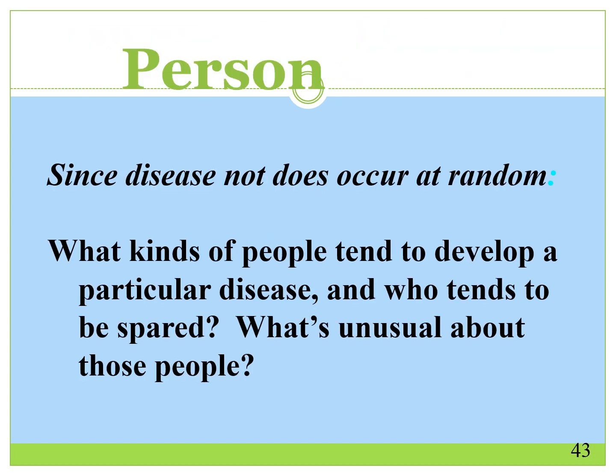So person: since disease does not occur at random, what kind of people tend to develop a particular disease and who tends to be spared? What's unusual about those people? If we relate to the current situation with coronavirus, maybe the elderly tend to develop this disease severely as compared to younger ones.